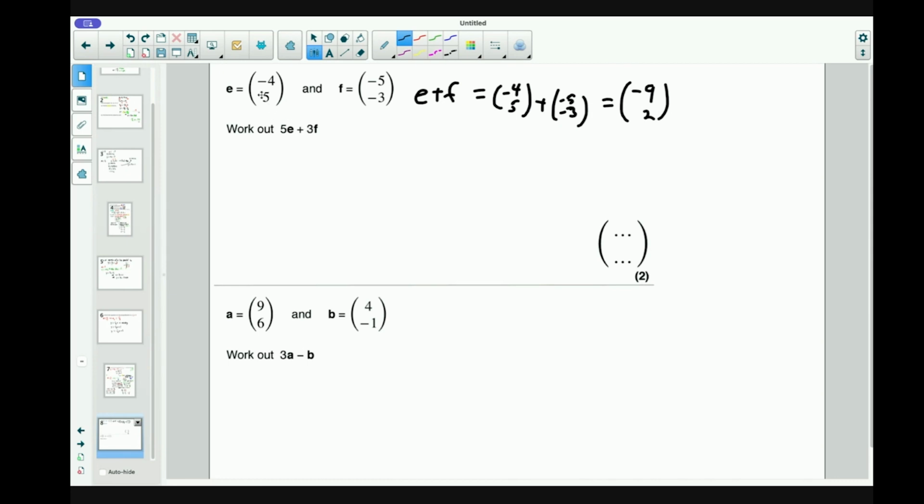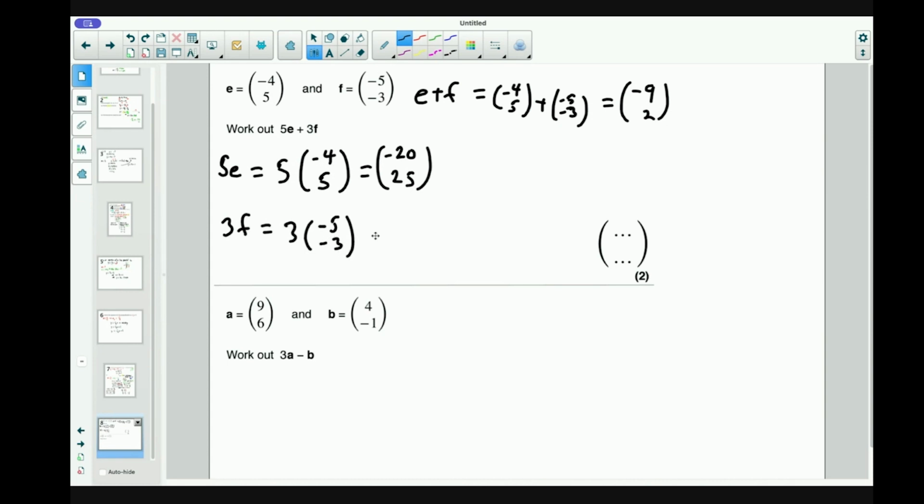If we are multiplying the vectors, 5e in this case, this just means I have a scalar multiple of 5, and I'm multiplying it with the -4, 5. So 5 times -4 is -20, and 5 times 5 is 25. That is what 5e is. And for 3f, we have 3 times -5, -3.